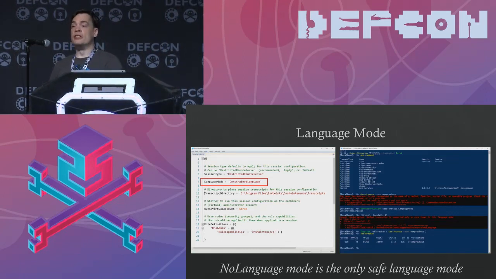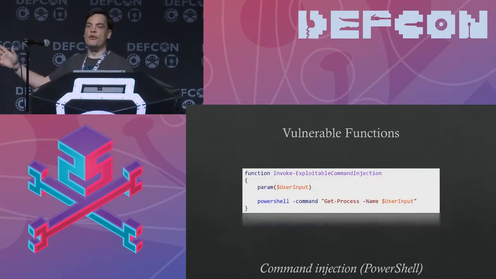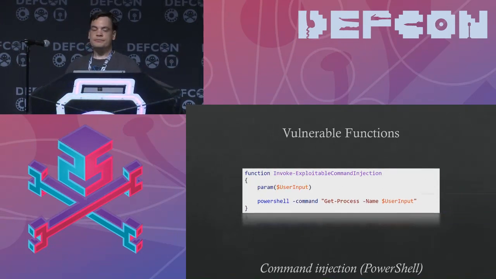But by far, your biggest danger is vulnerable functions. If you saw the session before on all the Ethereum vulnerabilities, it's all about the code, right? When you're letting people expose any sort of functions to untrusted input, they're going to make mistakes.